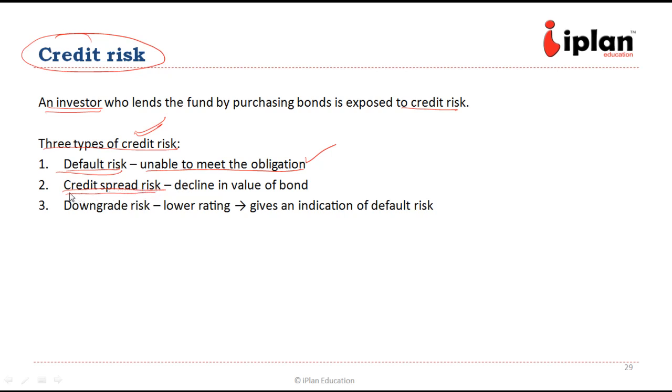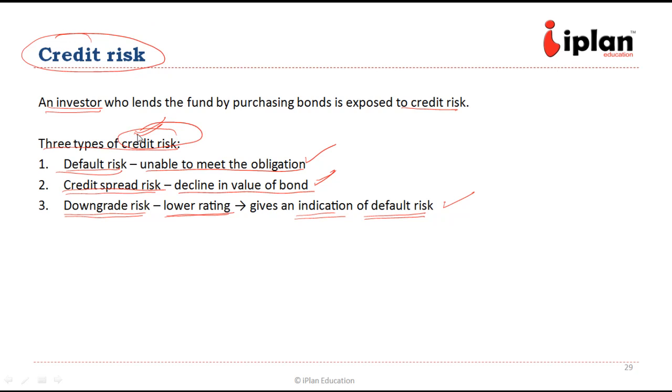That is called credit spread risk. So the value of the bond will fall if the credit spread is increasing. And the third is downgrade risk. If the credit rating agencies are giving a lower rating, that will indicate there's more possibility of default, and because of that the value of the bond will fall sharply. So all these three indicate credit risk.